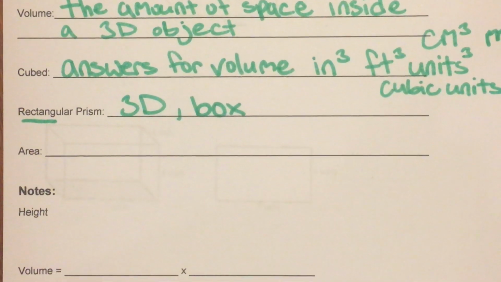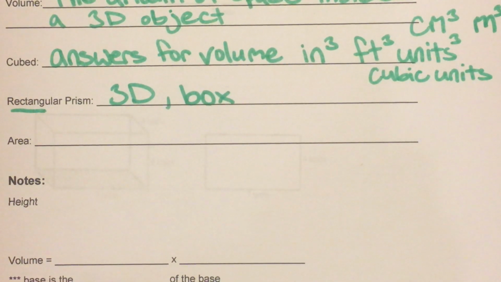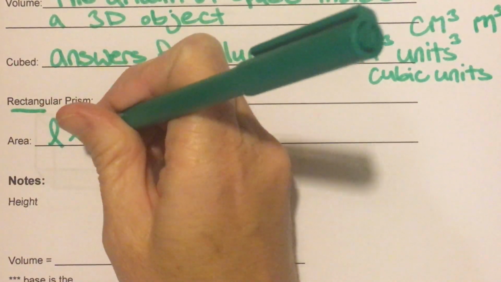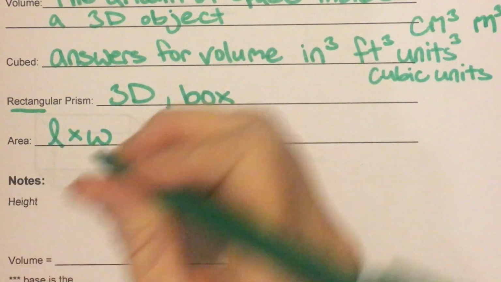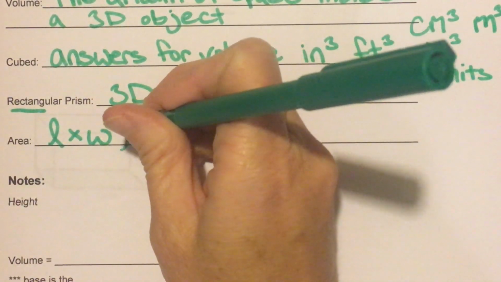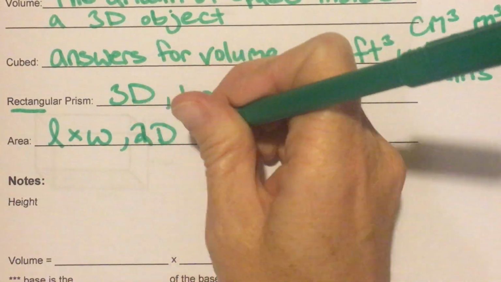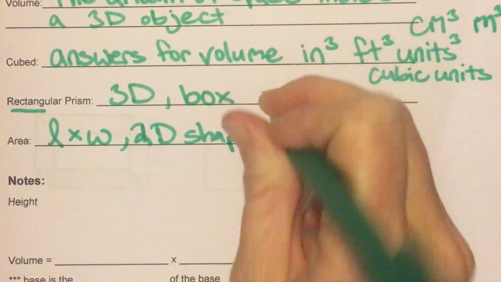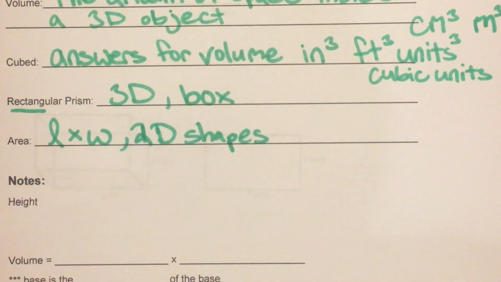Our last vocab word is just a review of area. Area is when we find length times width, and we find it of two-dimensional shapes. We did this on our last unit test.